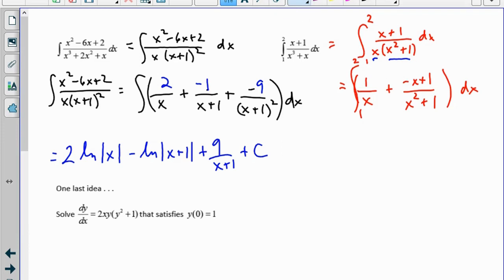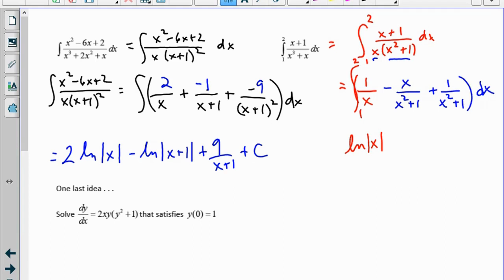The integral of 1 over x is the natural log of the absolute value of x. And I'm going to turn the other integral into something a little bit easier to integrate. So we'll separate the numerator. Instead of writing negative x plus 1 over x squared plus 1, we will write this as minus x over x squared plus 1 plus 1 over x squared plus 1.